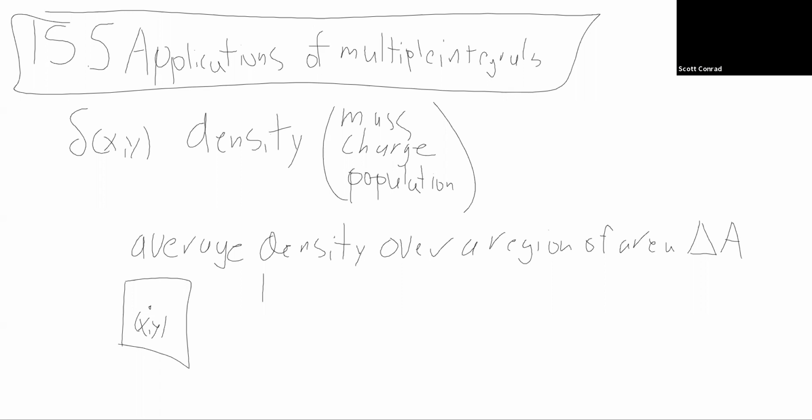So it's going to be the mass of the region divided by the area of the region, delta A. So if we're talking about mass, that's the average mass density.